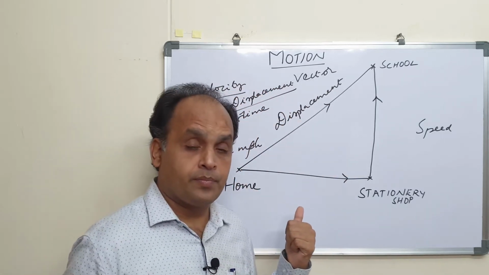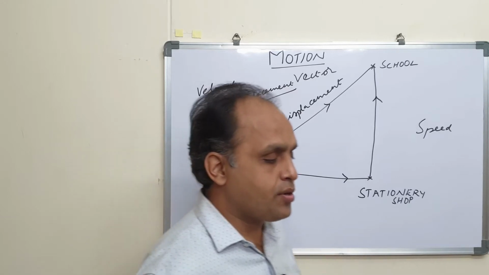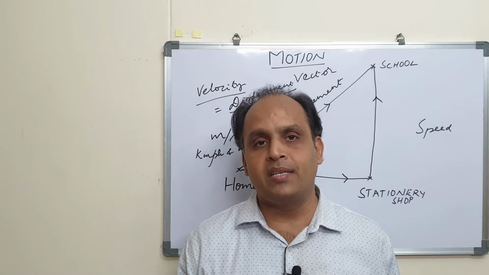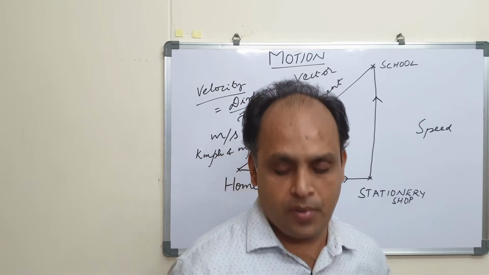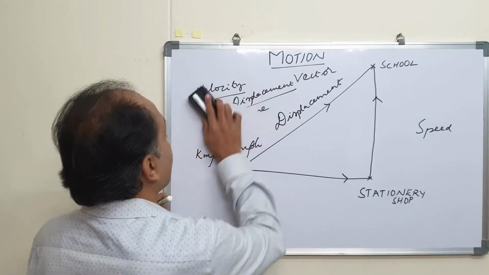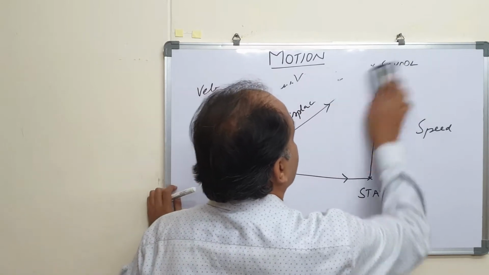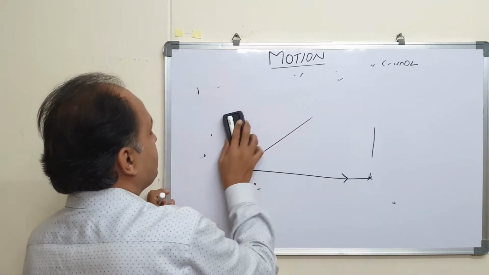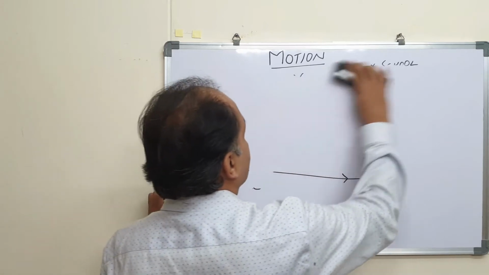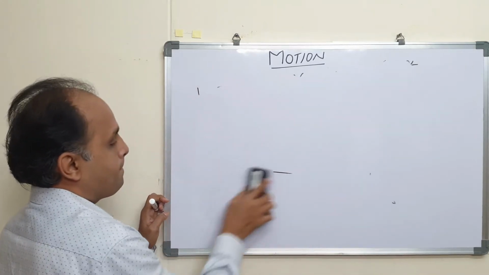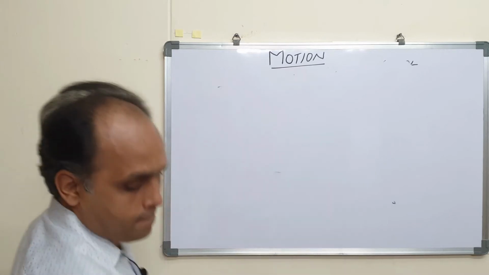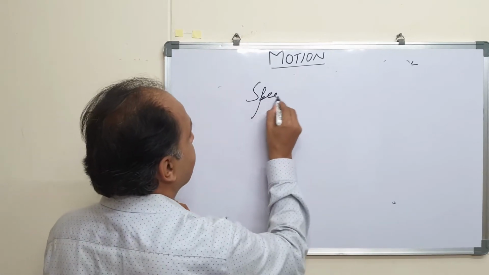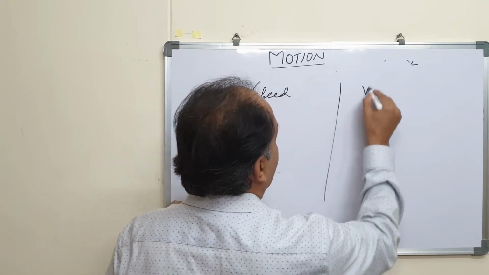Okay. Now let us try to compare these two quantities, speed and velocity. Let us quickly do that. So I am writing speed here, and I am writing velocity here.